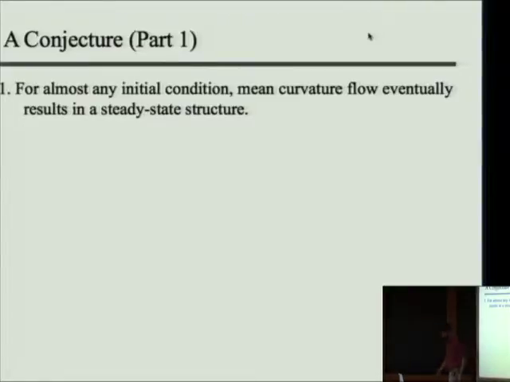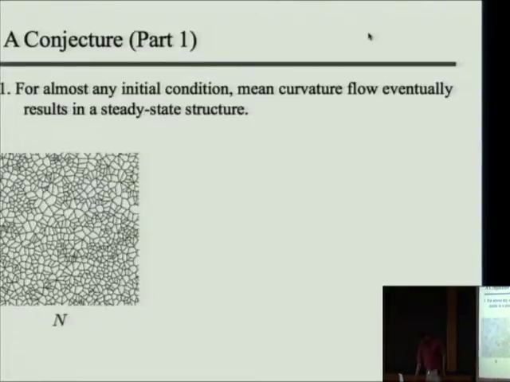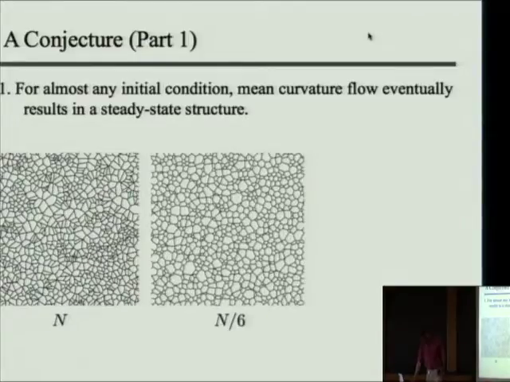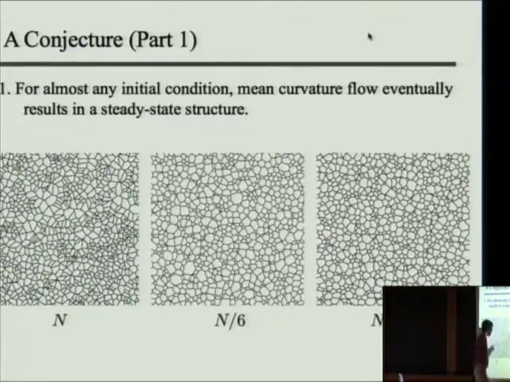The conjecture is that for almost any initial condition, say this one, which is on a torus, so the number of grains is finite, say we start with n grains, if you evolve it long enough, it reaches some steady state. Even the definition of this steady state is not mathematically precise. I think about it colloquially as any statistic you measure will reach some stable value.